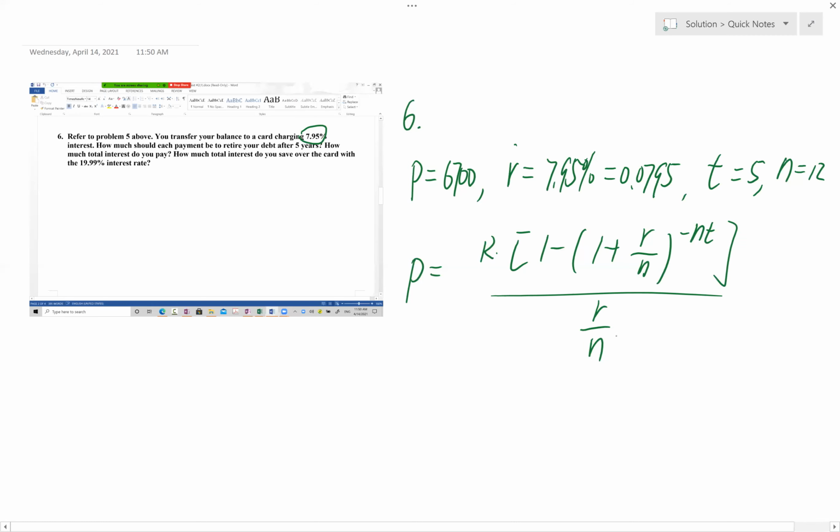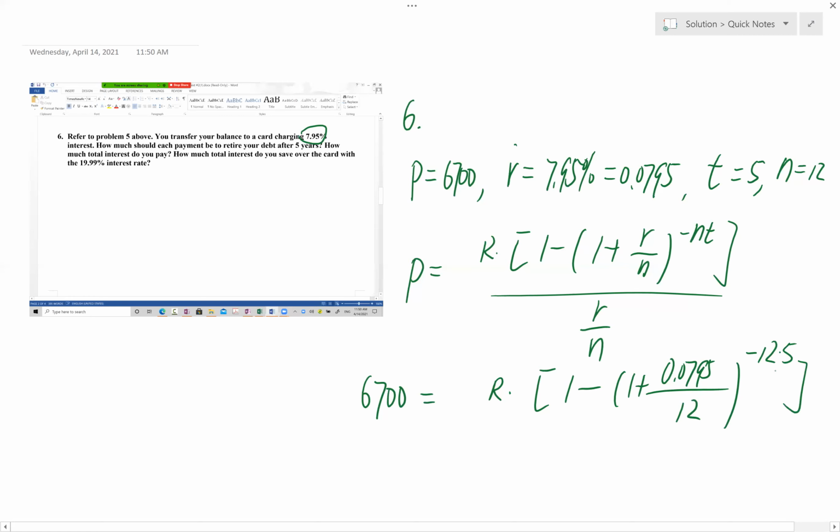So that's just throwing in the numbers one more time. We solve for the regular payment, rate is 0.0795. So it's about 12% lower, right? That's quite significant. And 12 times 5 years. Again, you're making monthly payments 60 times, over 0.0795 over 12.